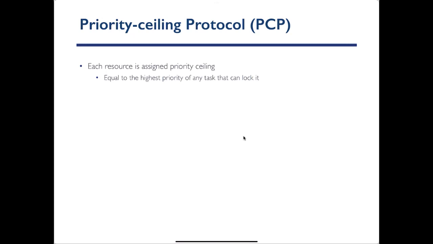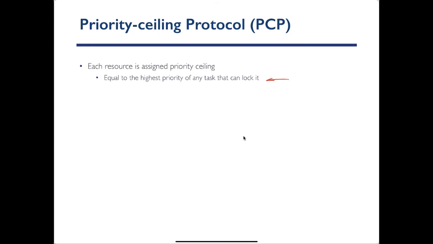The way it works is each resource is going to be assigned a priority ceiling. Now, what is this priority that we're going to assign to each resource? It's going to be equal to the highest priority of any task that can lock this resource. So here, let's pause.